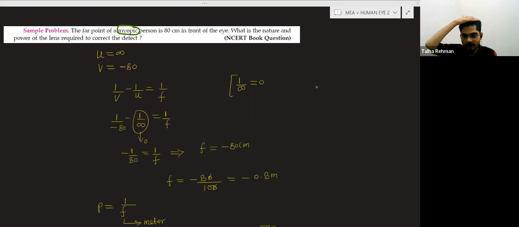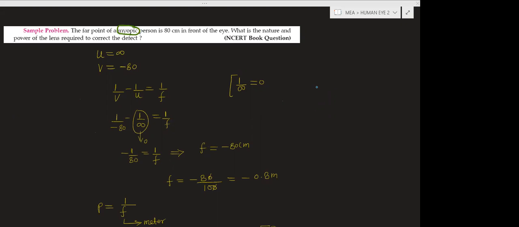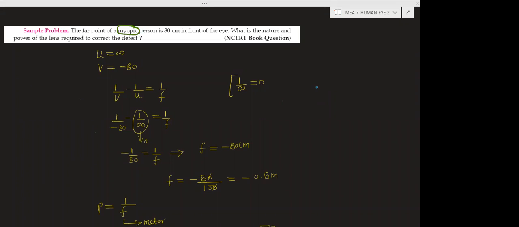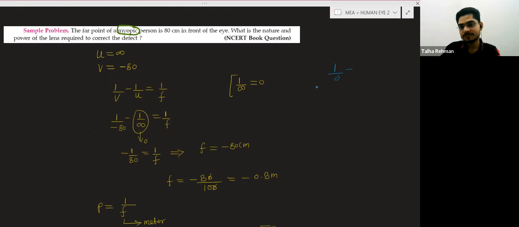Done. Hamna and Martin completed. Sir, just one doubt. How is 1 upon infinity 0 and not defined? Why are we taking 1 upon infinity as 0? Beta, 1 by 0 is not defined. 1 by infinity is 0.